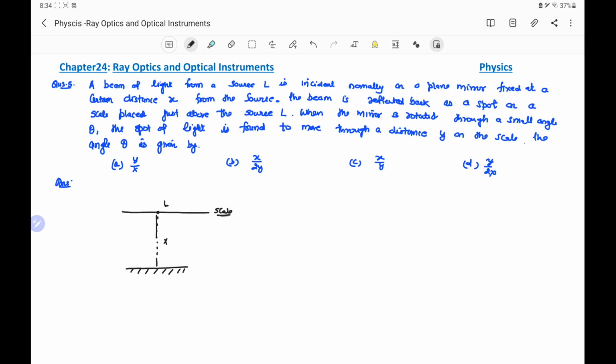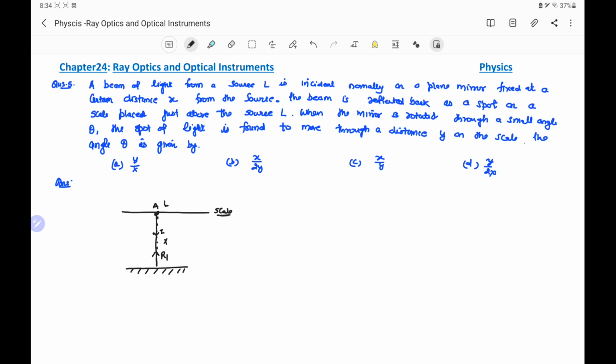For this normal incidence I, there will be a reflected ray which will also be along the normal. This is the reflected ray R1, and it makes a spot on the scale A placed just above the source L.